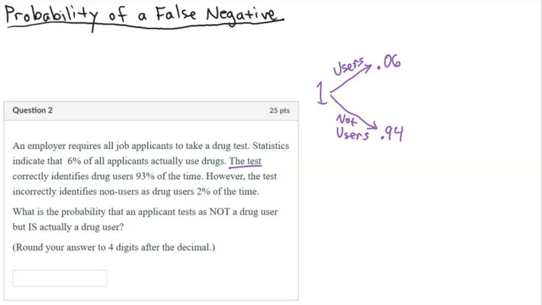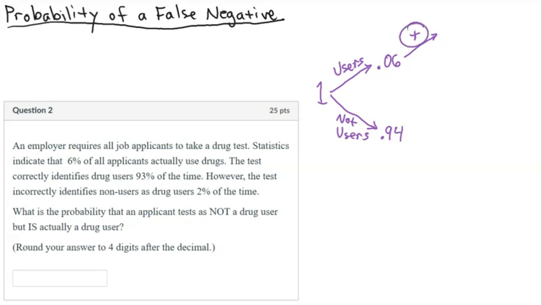But it says here that the test itself correctly identifies drug users 93% of the time. So 93% of this 6% will be correctly identified. That means testing positive. Testing positive means testing as a drug user.